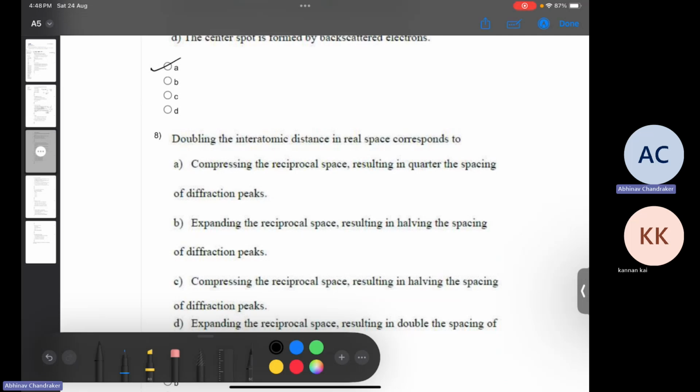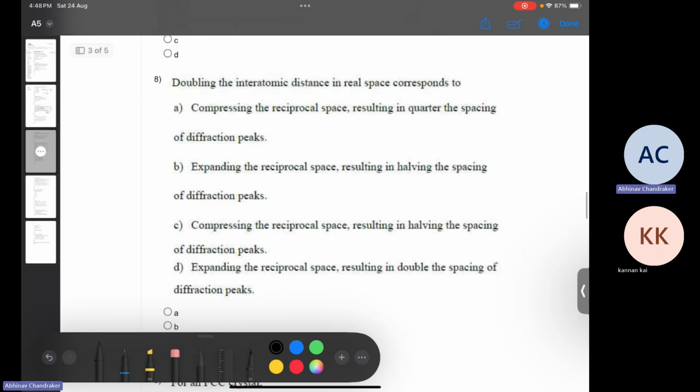Now, related to the reciprocal space, if you double the interatomic spacing in real space, what will happen in the reciprocal space? We know that in the reciprocal space, the diffraction vector has a magnitude of 1 by d, that is the interplanar spacing.